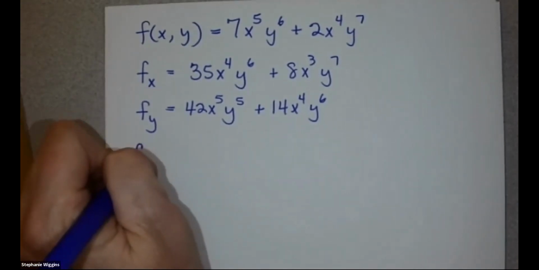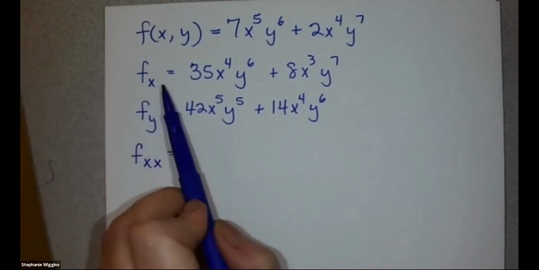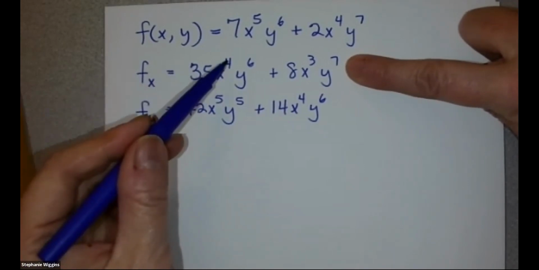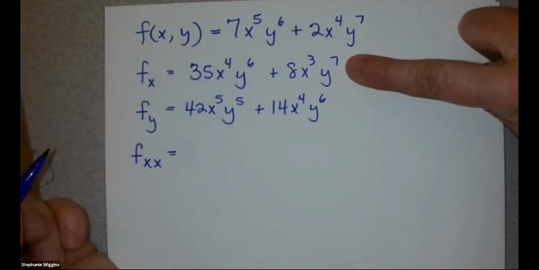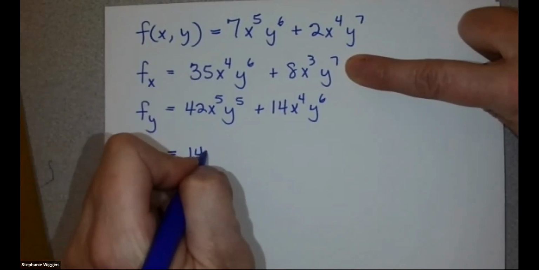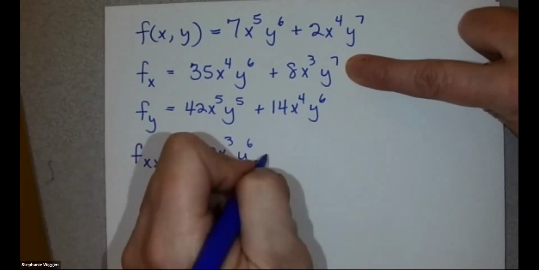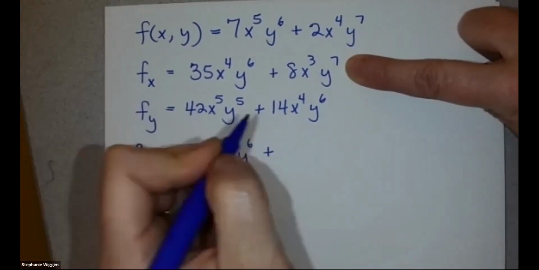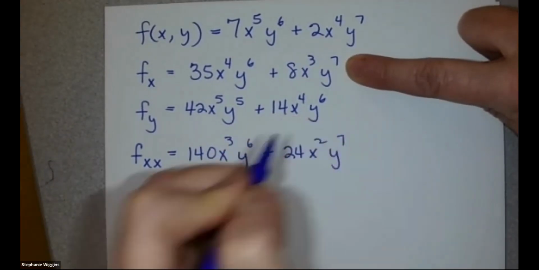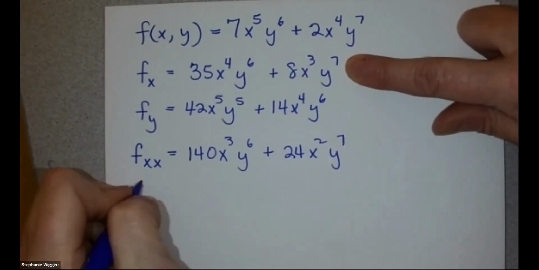Now I'm going to take the derivative with respect to x of this right here. So I'm going 4 times 35, that's going to be 140x cubed y to the sixth plus 24x squared y to the seventh. The y powers don't change because they're constant.